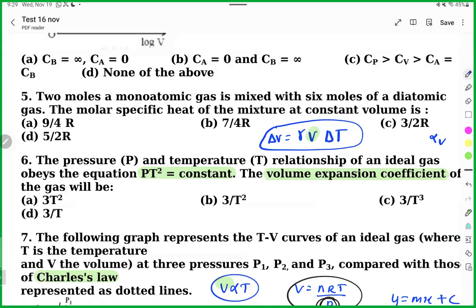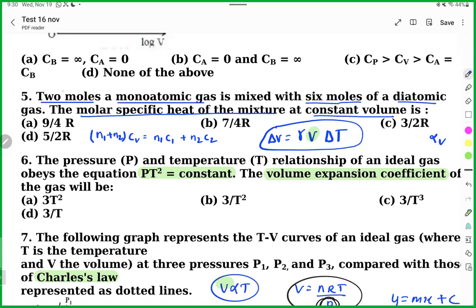Next question. Chandan. 2 mole of a monoatomic gas mixed with 6 mole of diatomic gas. What is the molar specific heat of the mixture at constant volume? At constant volume. Direct formula based question. Total number of moles, and total specific heat capacity will be equal to number of moles of first and specific heat capacity of first, second specific heat capacity of second.